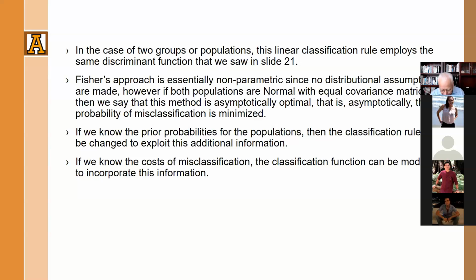For example, I have here cancer and no cancer, and this is what I call the actual, what Bayesians know as the true state of nature. And here I have my prediction.